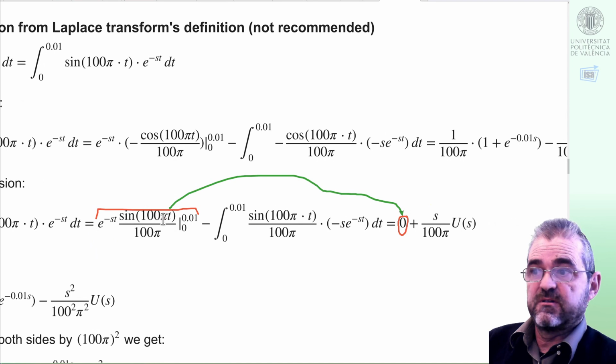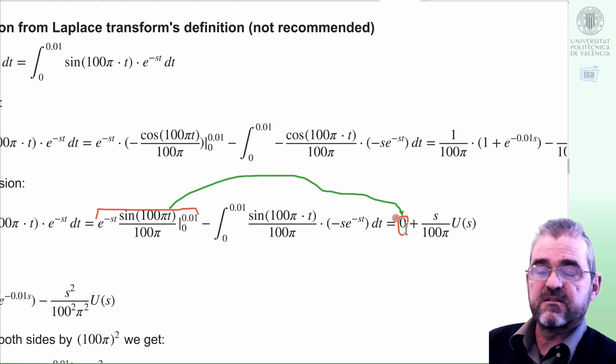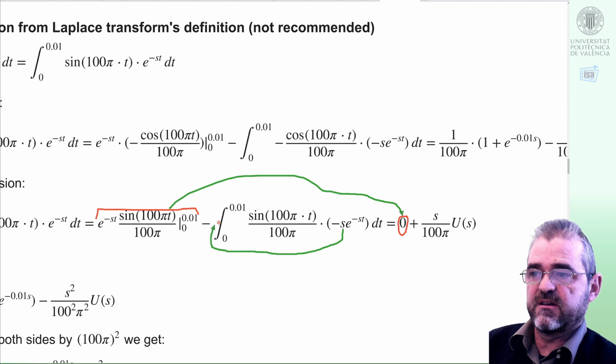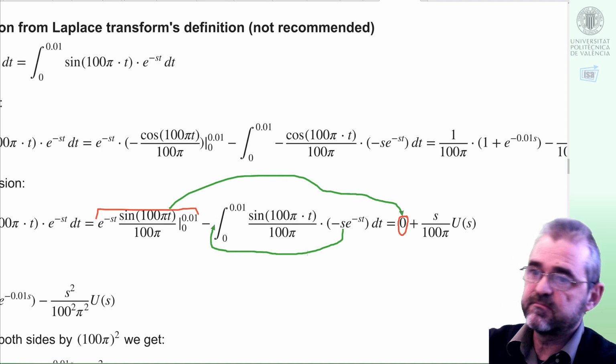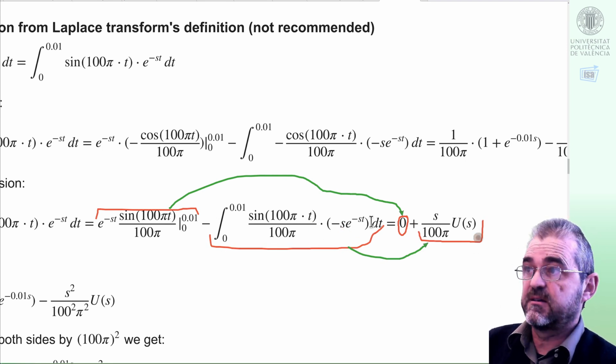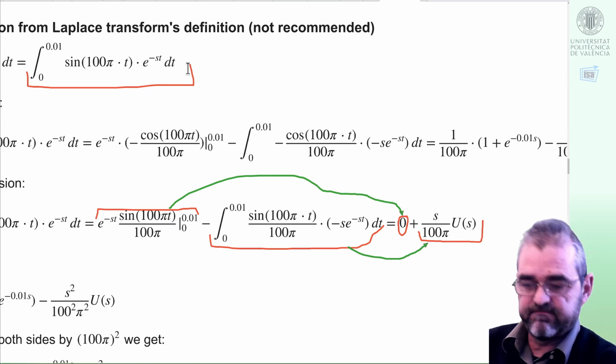And as the sinusoid at 0 is 0 and the semi-period is also 0, then this thing vanishes, gets to 0, and this other stuff, again, taking s out of the integral, and as I have two negative signs, then I get a positive term here, and this stuff ends up being this thing where u of s is this integral, the Laplace transform we are actually evaluating. So we have done integration by parts twice.